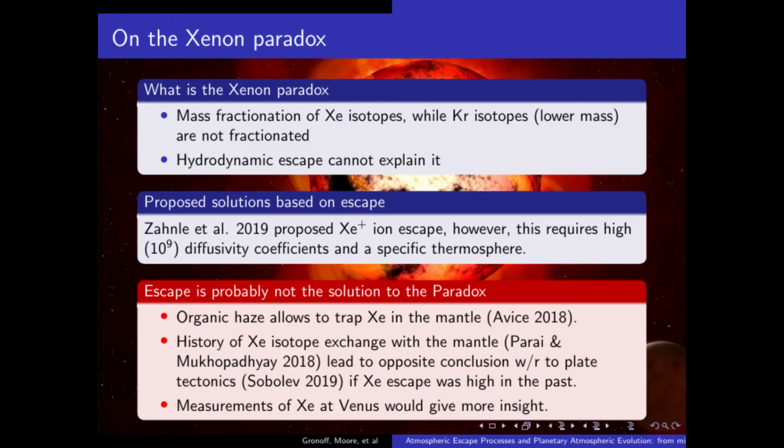So maybe the escape is not the solution to that xenon paradox, and hopefully the measurements of the xenon at Venus will help us have a little bit more insight on this problem, and maybe show us that there is no xenon paradox because escape is not something that was important in the history of that species.